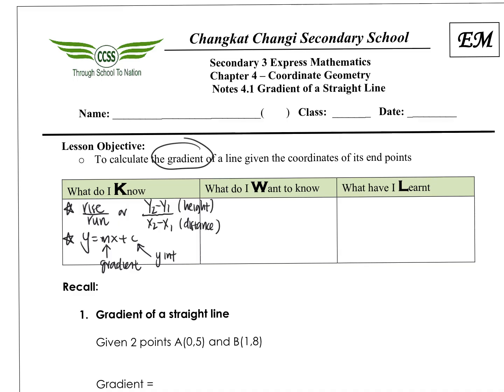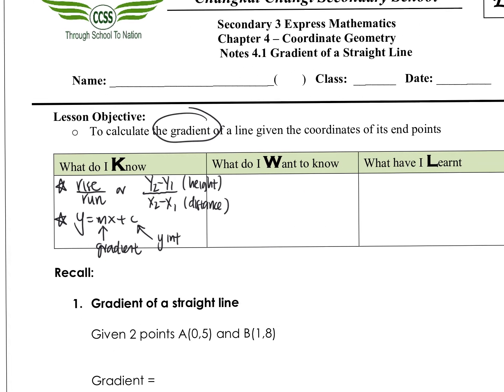Okay, so these were more or less the different things that you have learned in lower sec. Not just that, you also learned that gradient can be 0 if it's a horizontal line. Gradient is positive if it's upward sloping. Gradient is negative if it's downward sloping.